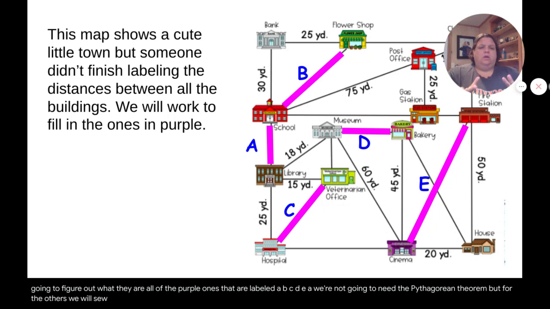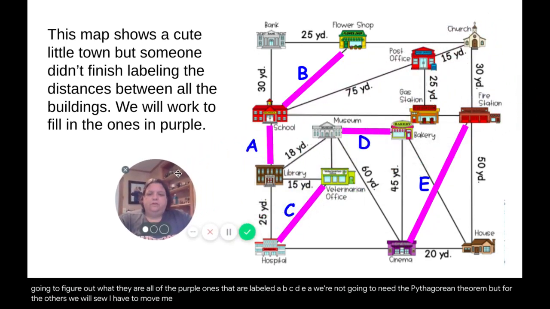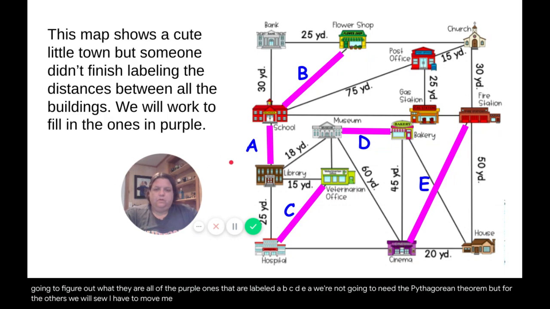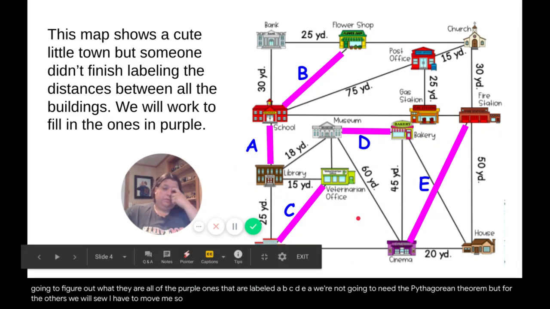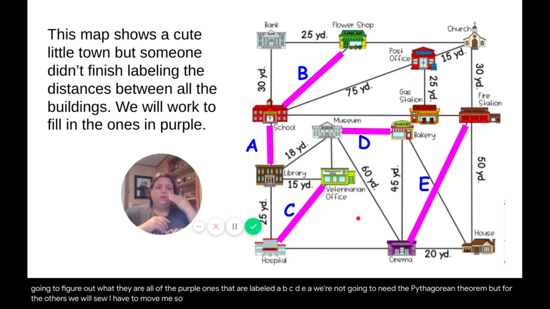So we know that just by looking at this, it's a rectangle. Okay.